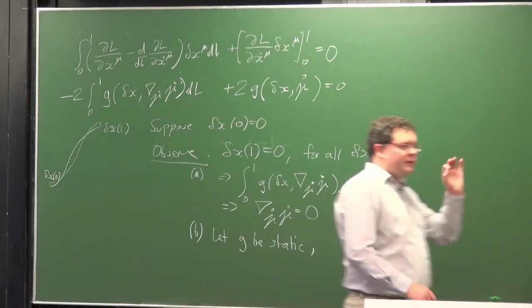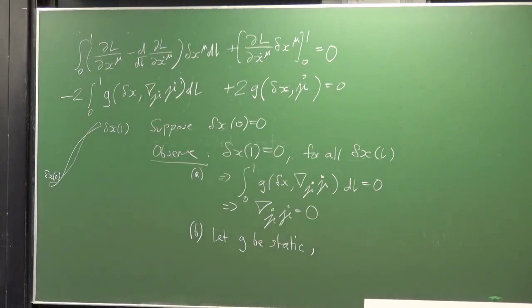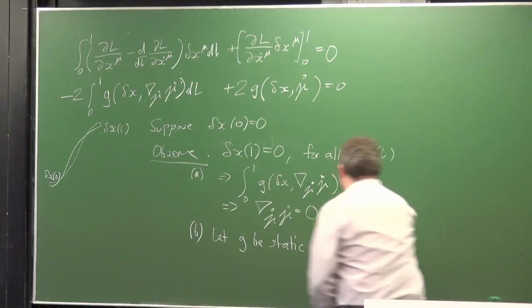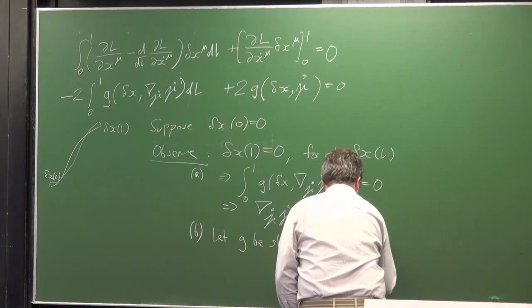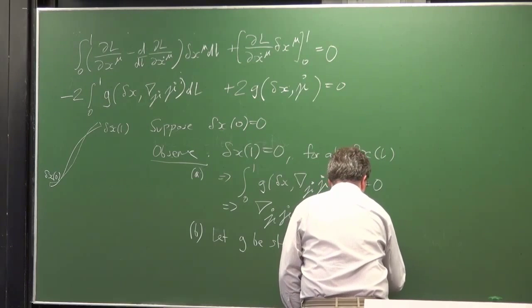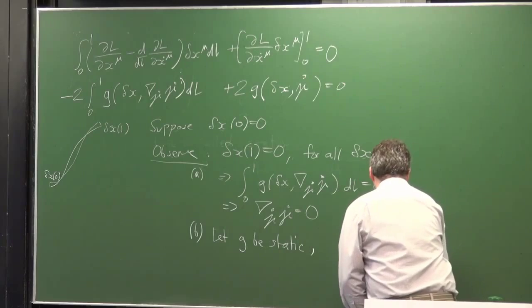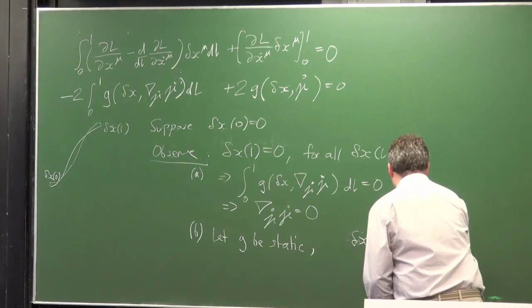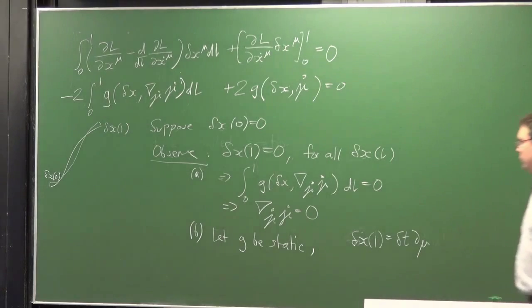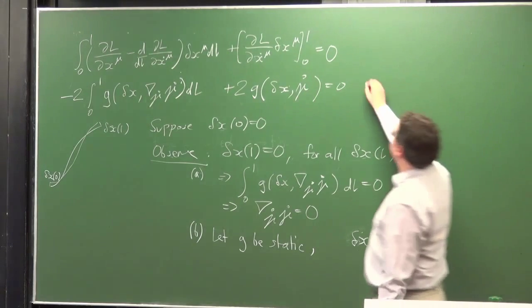Let's suppose the variation at the end point is just in the time direction. So let's say delta x at 1 will just be some delta t times d mu. Let's look at this equation again, star.